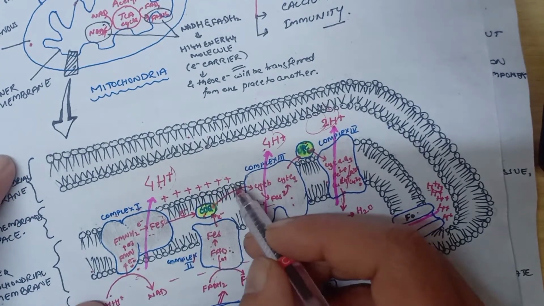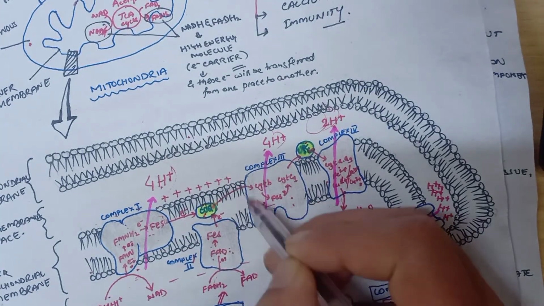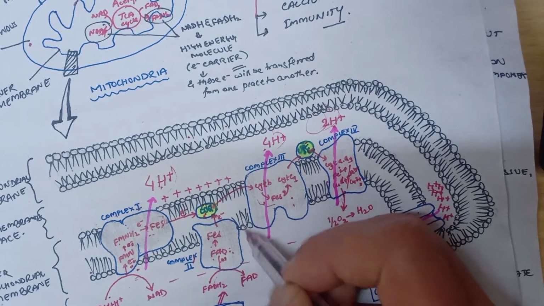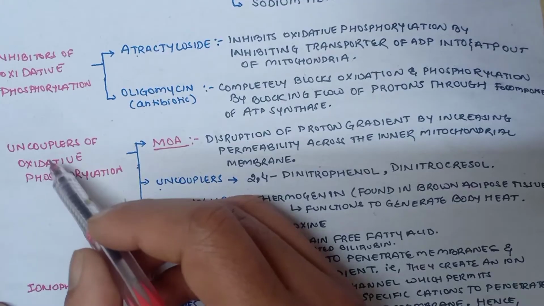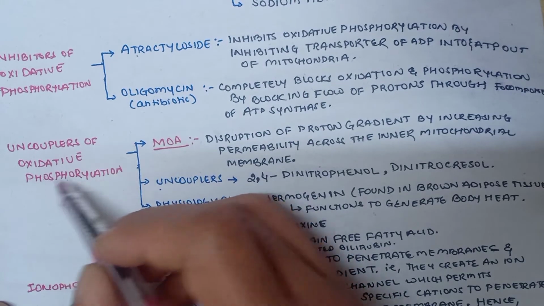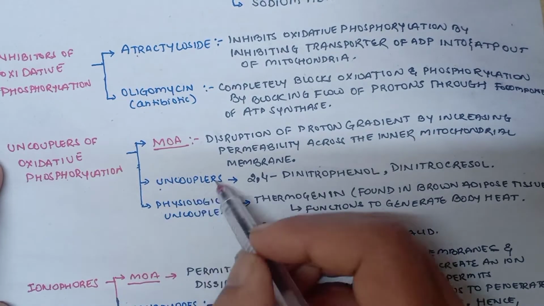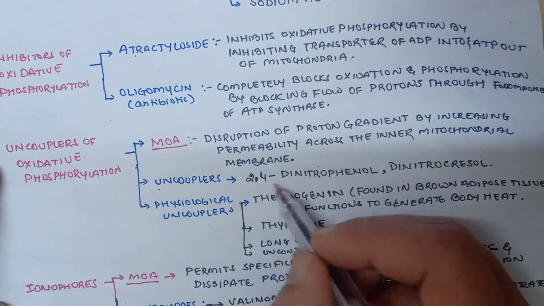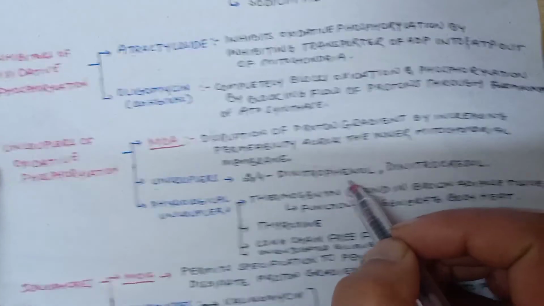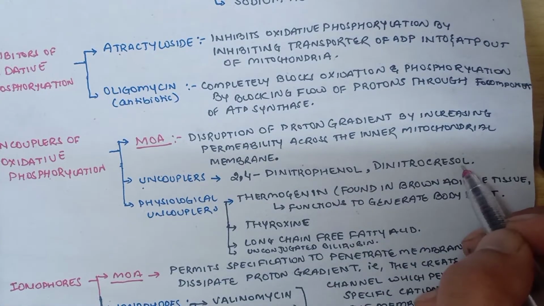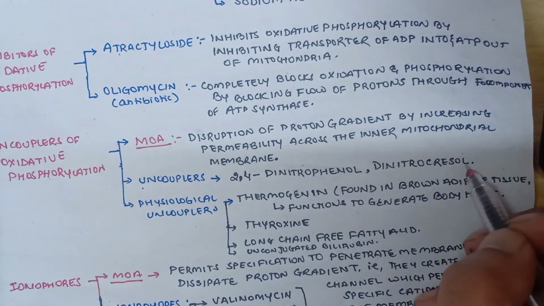So uncouplers will disrupt the proton gradient by increasing the permeability of the membrane. So who are the uncouplers of oxidative phosphorylation? So the uncouplers are 2,4-dinitrophenol and dinitrocresol.